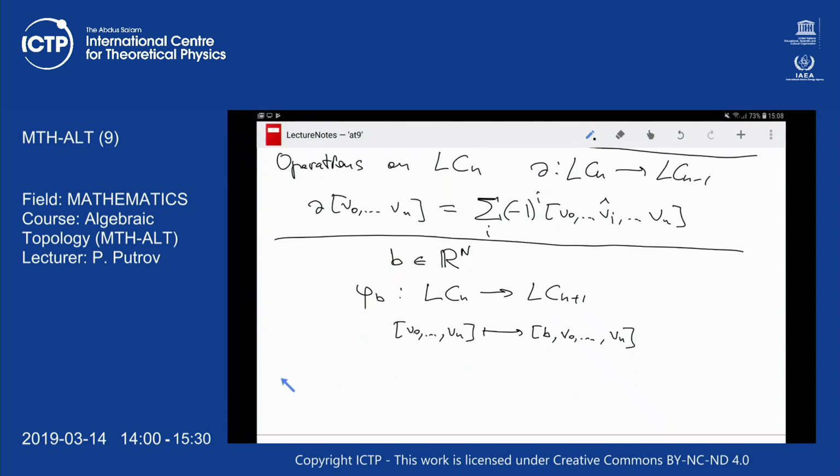Let me just give you examples. Suppose n equals, let's say, 1. I have some point in my Euclidean space Rn, B0, some point B1. So this is my B0, B1, and somewhere else I have some point B. The image of this guy will be this triangle.